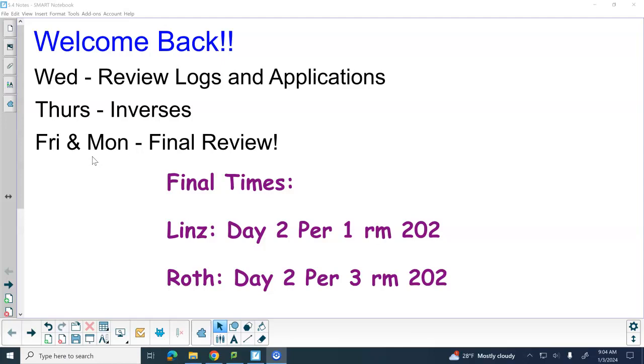I'll give you plenty of time to do this final, because this final is not Scantron. It is all short answer, meaning you have to do work, show your work, and come up with the answers. You will need a calculator.